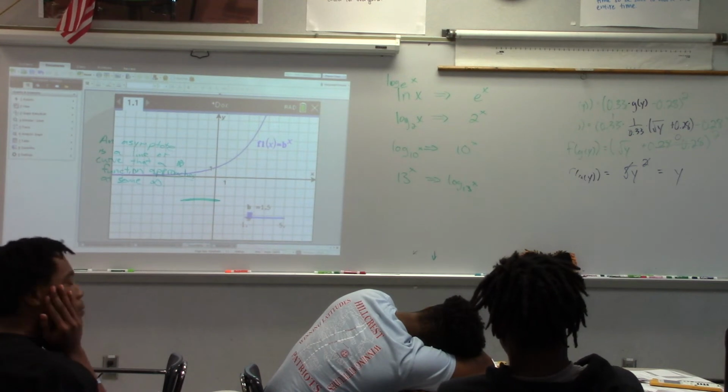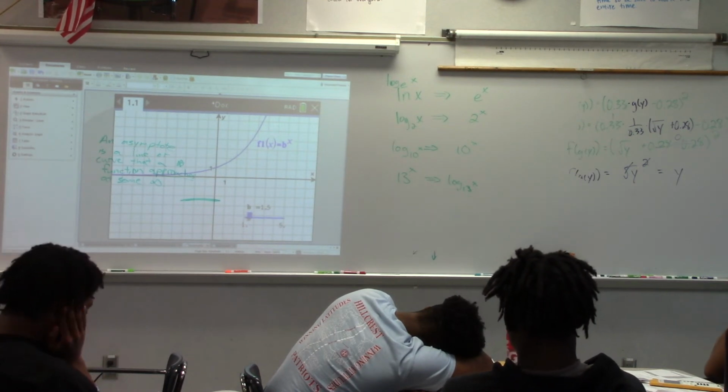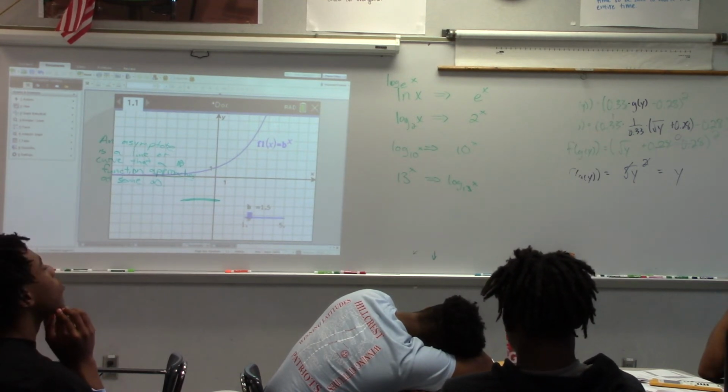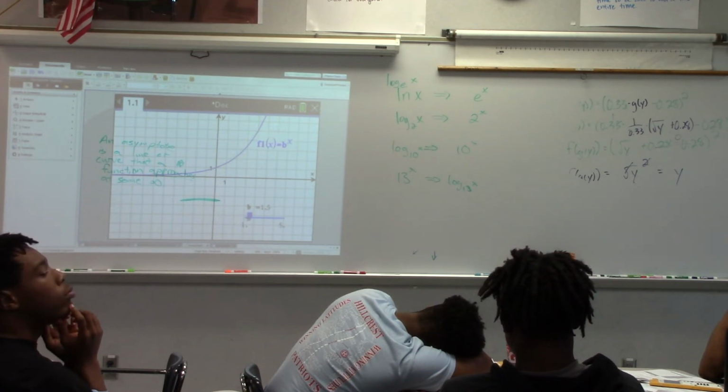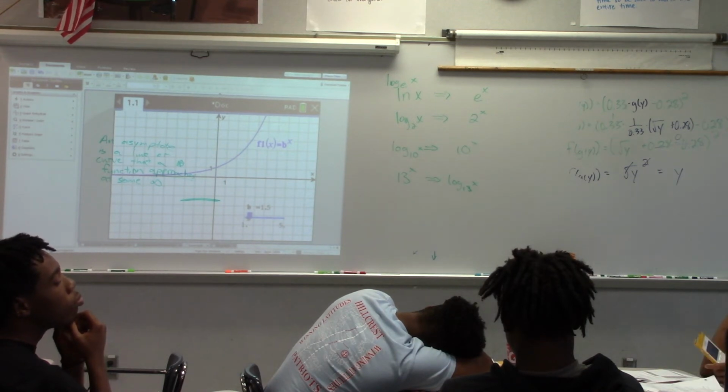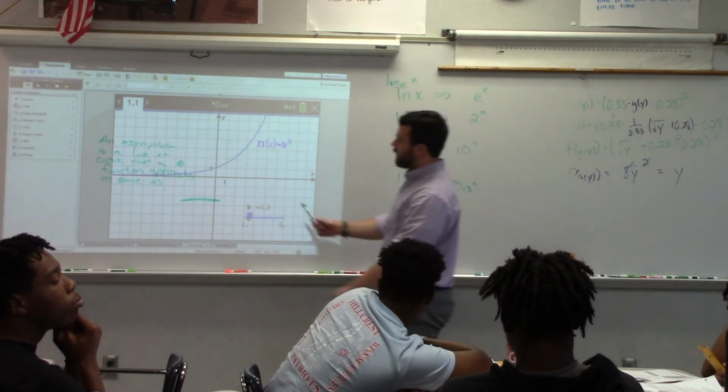It's the set of all what? So what is the minimum x value for every single one of those exponential functions? Remember the minimum, Jakeem, the minimum x, not the y, the x. Look at it right here. What is the lowest x value?